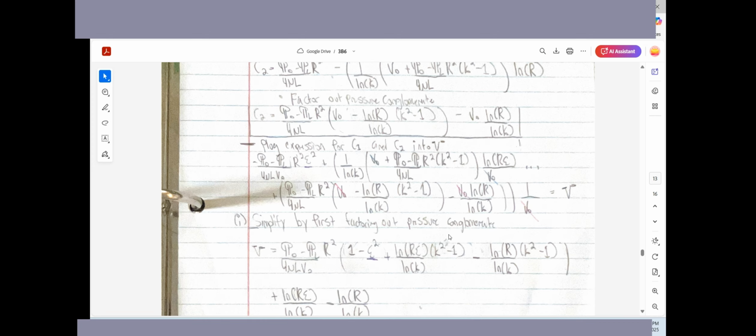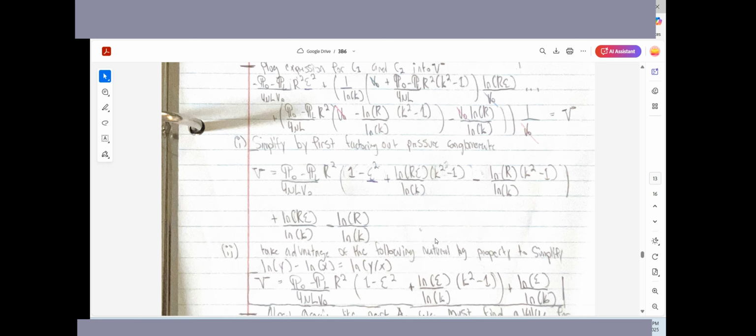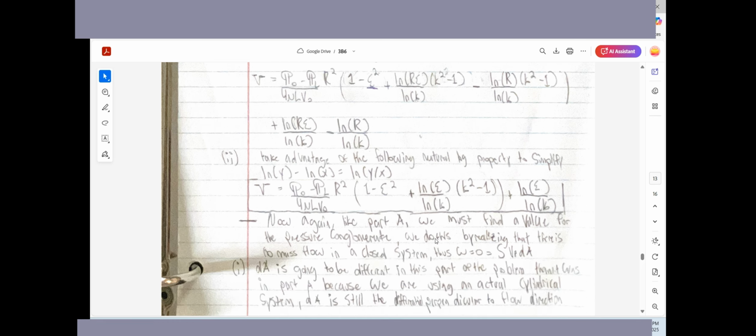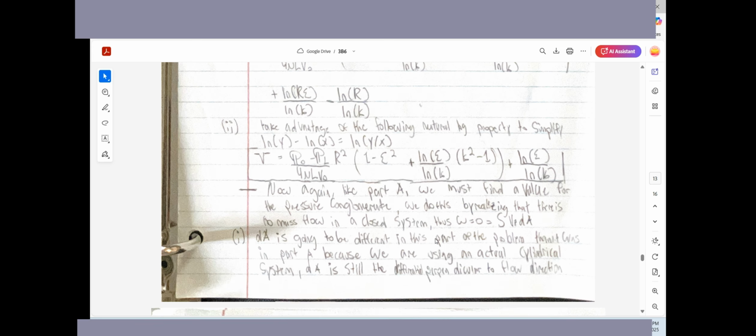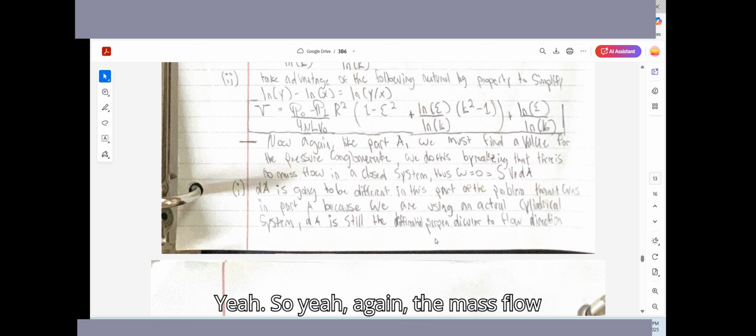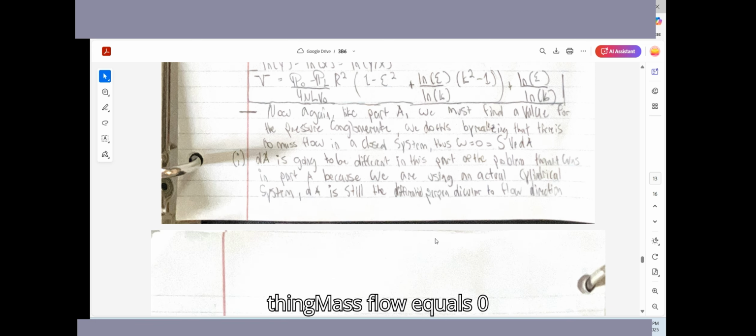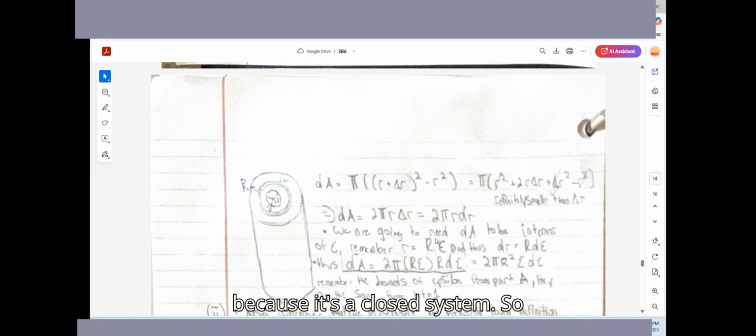So, simplifying, doing all that. Again, mass flow equals 0 because it's a closed system.